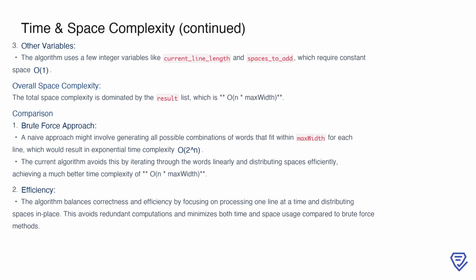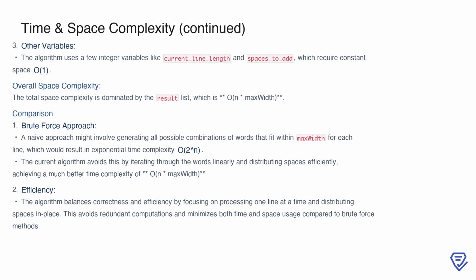The size of this list is bounded by the number of words that can fit within max width, so it contributes max width to the space complexity. Additionally, a few integer variables like current_line_length and spaces_to_add are used to track intermediate states during processing. These variables require constant space, or O(1).